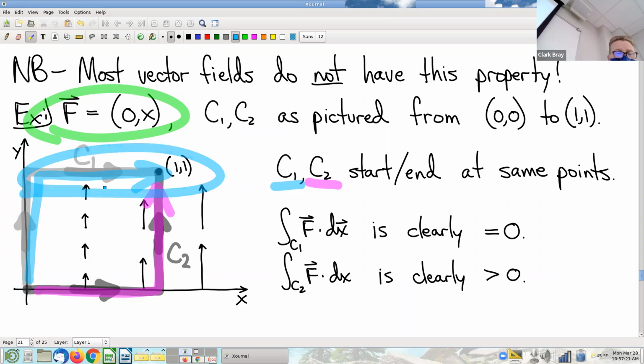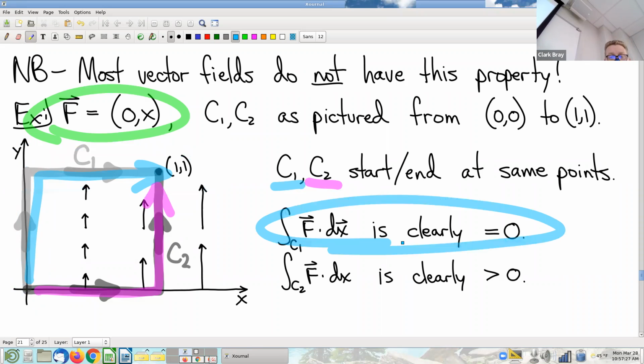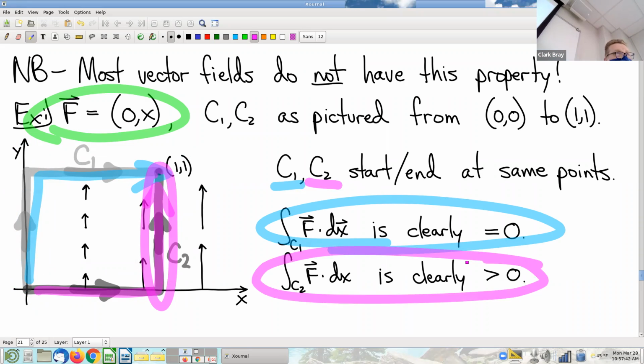And then on this side, the vector field's perpendicular to the direction I'm going, and that adds up to 0 on the first curve. On the other hand, I get 0 on the first segment of C2, but I get a pretty positive value along the second edge of C2.